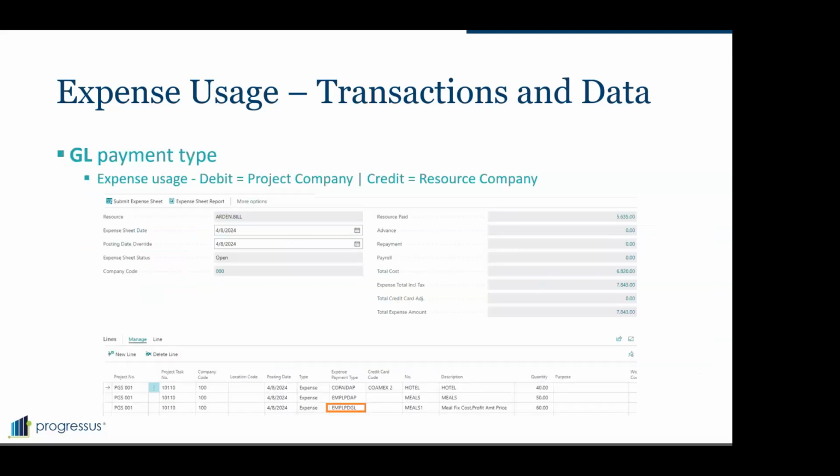GL payment type is a little different. This is an instance where no expense report or purchase document is created, but there will be journal entries created when this expense report is posted. In that instance, the debit will always be the project company and the credit will always be the resource company. If those companies are different, then due to, due from transactions will be created at the time the expense report is posted.